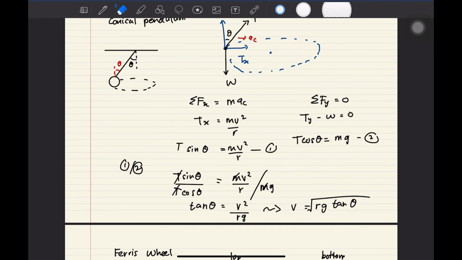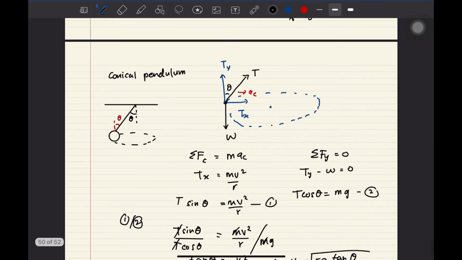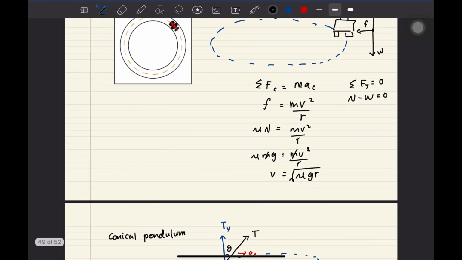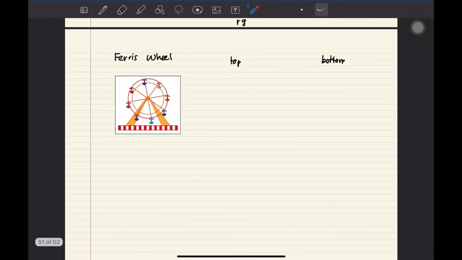FC is in the x component as well. But the next one is circular motion in the y component, so you will expect the centripetal to be in the y component. Fy equals m ac. So we didn't write this one as y, instead we write this one as c.